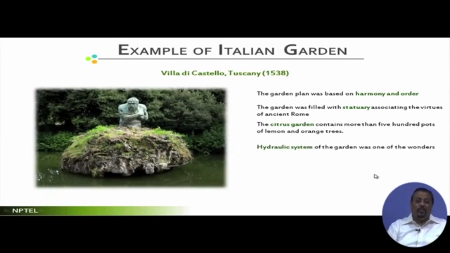One interesting thing to be noted here is the hydraulic system, the movement of water. That was very interesting in this case. I will now bring some reference to earlier examples that I have cited.